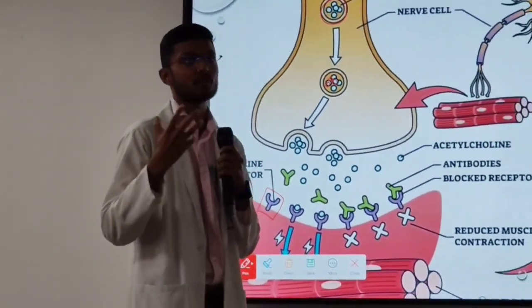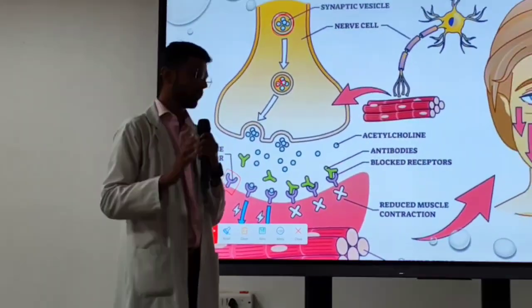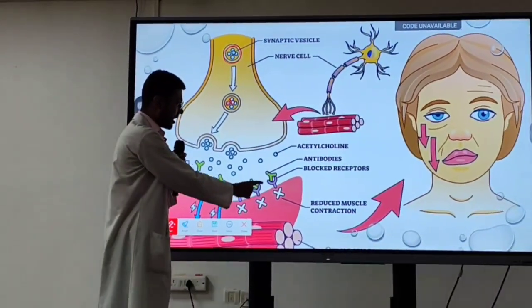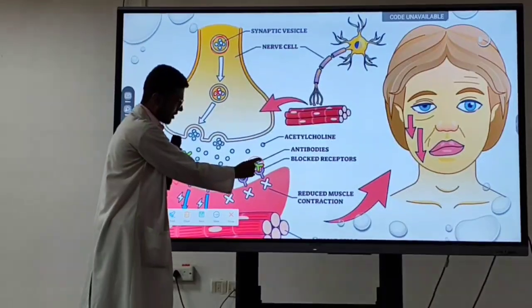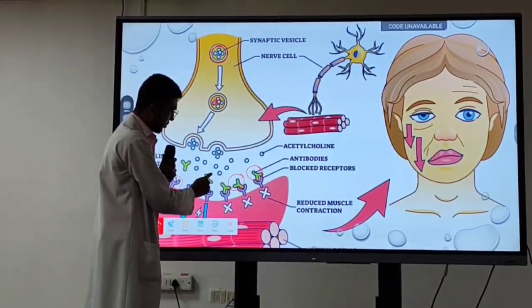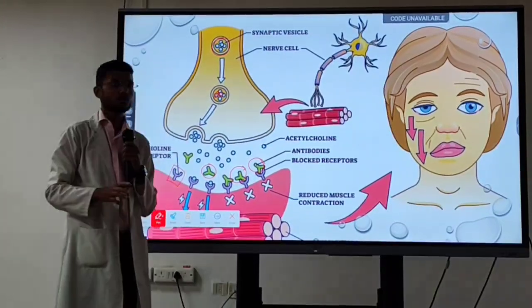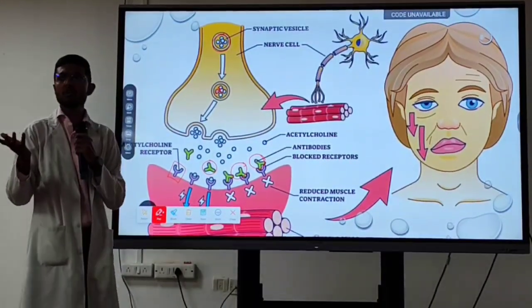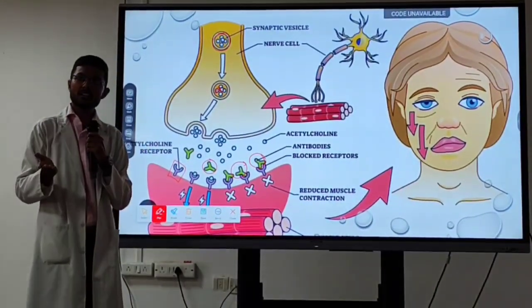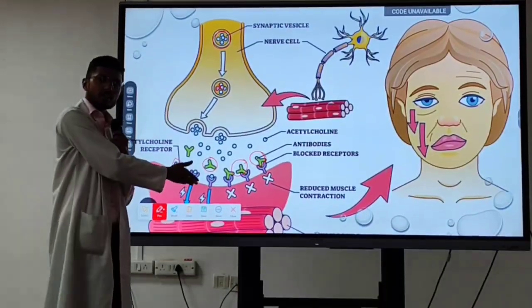Our body makes antibodies against the neuromuscular receptors. These NM receptors get blocked with antibodies. These green color structures are antibodies. Because antibodies already get bound to the neuromuscular receptors, now acetylcholine won't bind. The action will not be elicited. Action is here, muscle contraction.